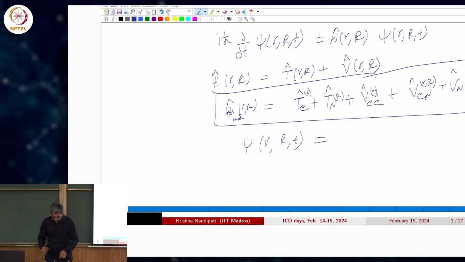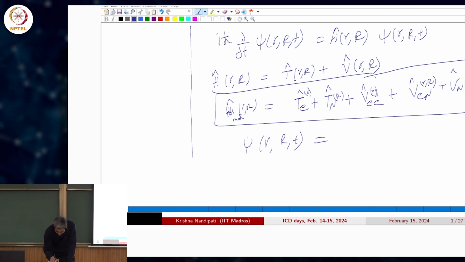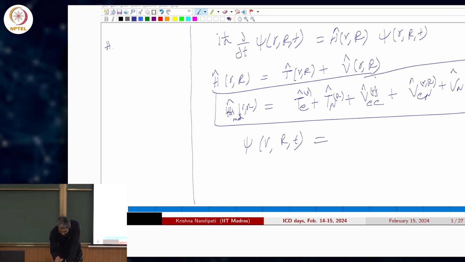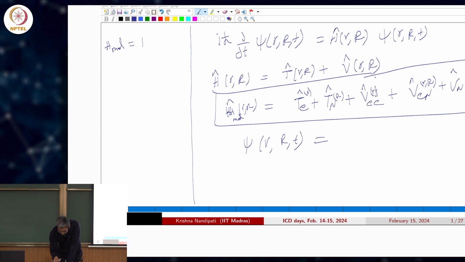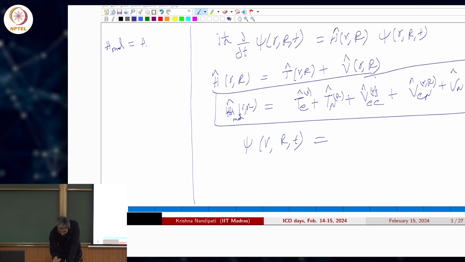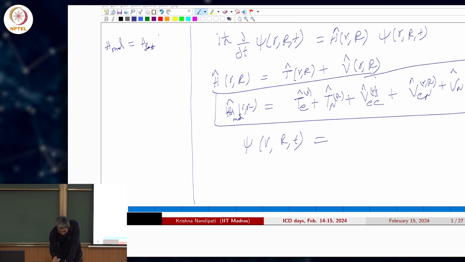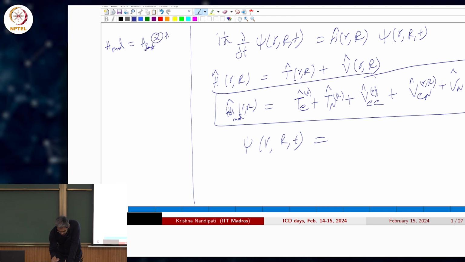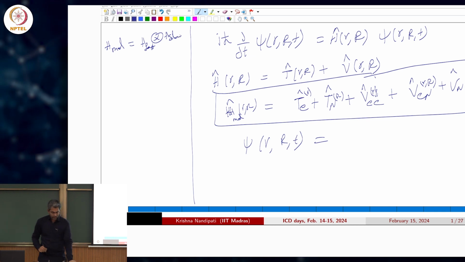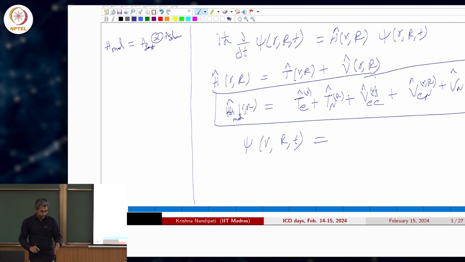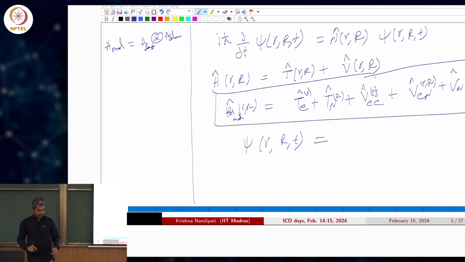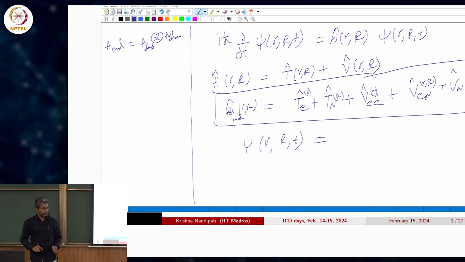But what one can do is write this molecular Hamiltonian as the fast moving electronic component direct product with the slow moving nuclear component. Even if we cannot separate, the total Hamiltonian can be written as a direct product of the part due to fast moving electrons and the slow moving nuclear part.